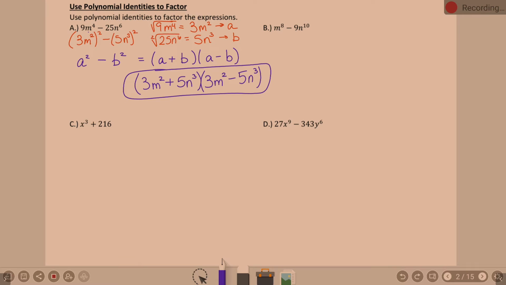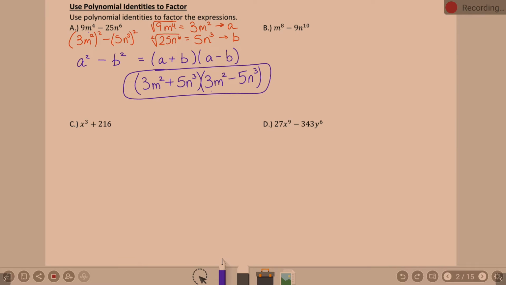When you do your outsides, 3m squared times minus 5n cubed, that's going to be a minus 15m squared n cubed. What do my insides multiply to be? That's going to be a positive 15m squared n cubed. So that outsides and insides will cancel, and then your last is the minus 25n to the sixth.